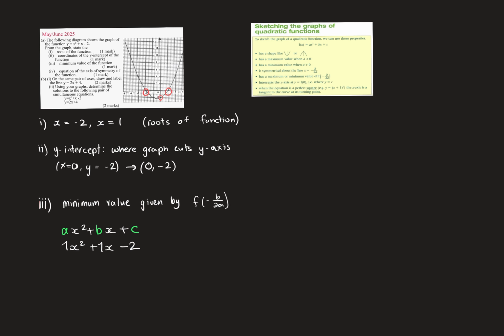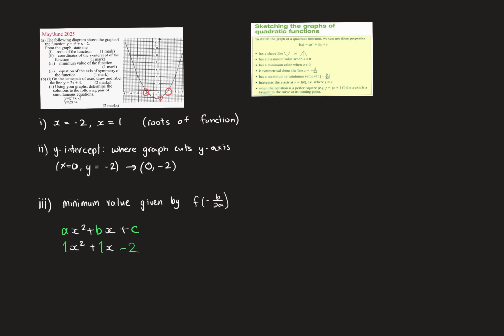The minimum value of this function is given by this equation right here, f of minus b over 2a. So the quadratic expression can be expressed as ax squared plus bx plus c, and these are the same values of a, b, and c.